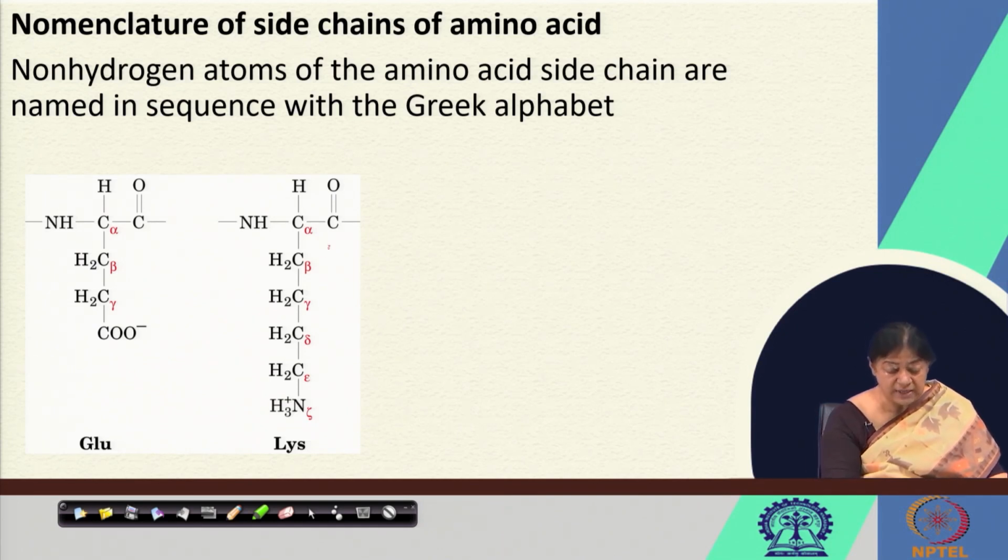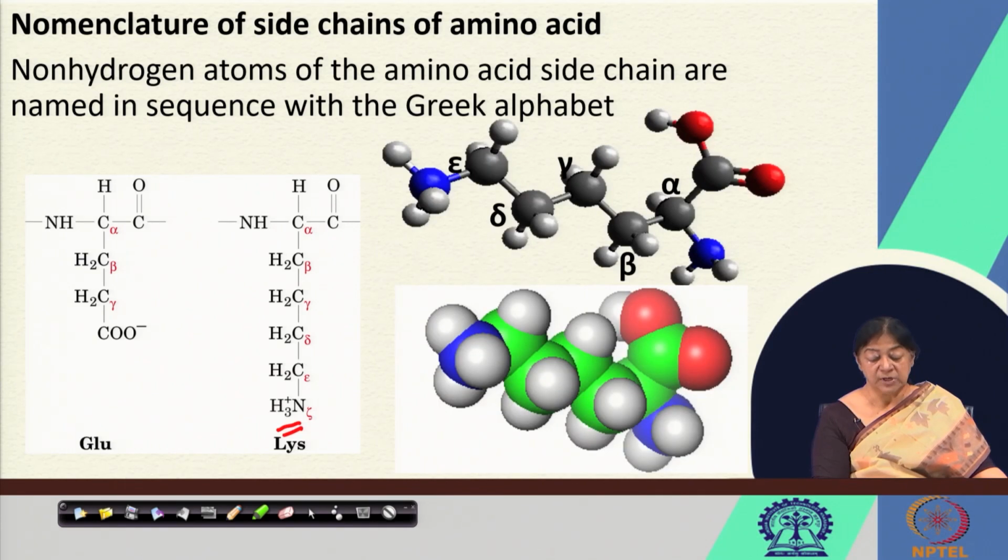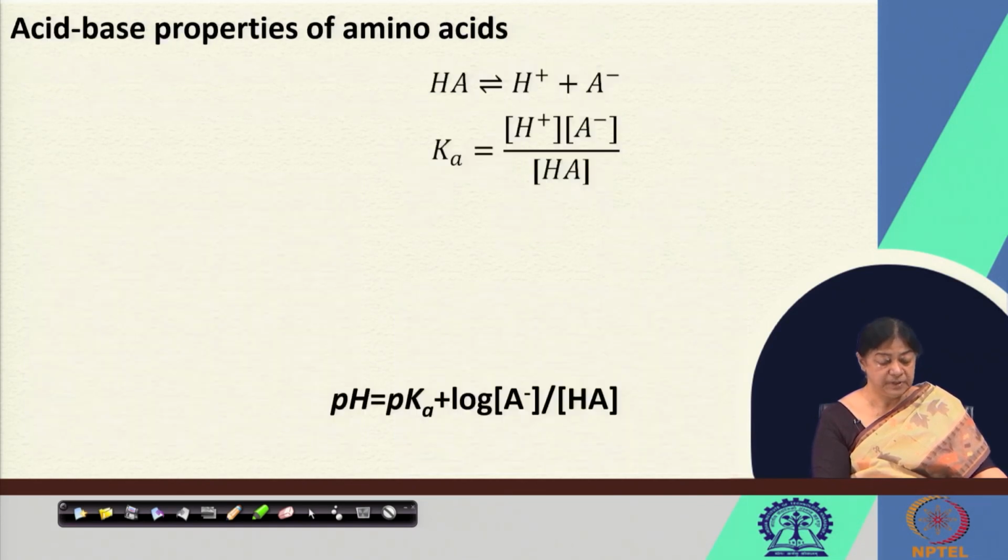If we look at the lysine that has been drawn here, we can see that there is a C alpha carbon atom, then the C beta, the C gamma, the C delta, the C epsilon, and the NH3 plus, which is the side chain of the amino acid. So, when we look at the nomenclature, or the way they actually form, this is what is important in an understanding of the amino acid characteristics, the amino acid depiction and the way we name them.